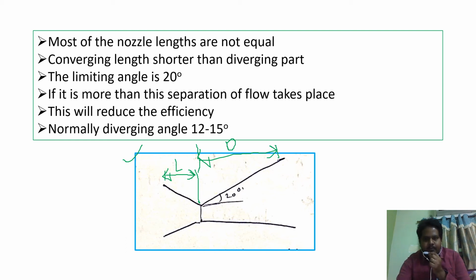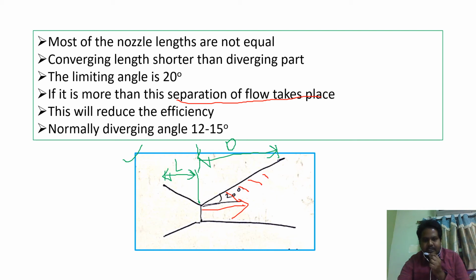Generally, the angle in the divergent part is less than 20 degrees. Okay, because if the angle is more than 20 degrees, separation of flow takes place, which means when passing through the divergent nozzle, the fluid separation will take place in this area.